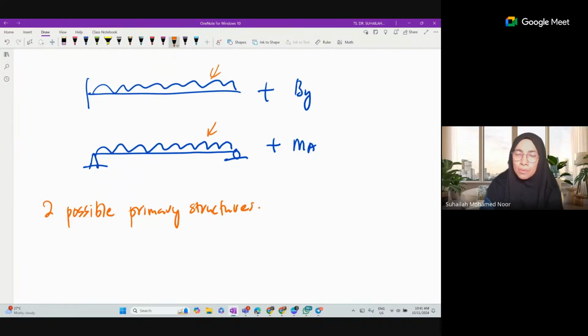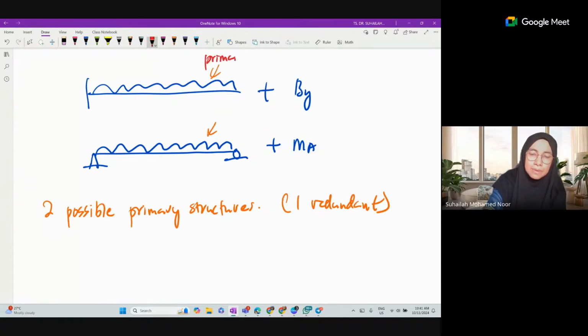One redundant will have two possible primary structures. This is a primary beam, and this is also a primary beam.